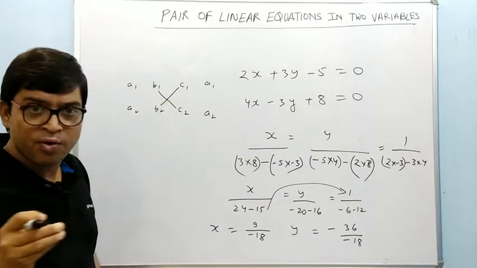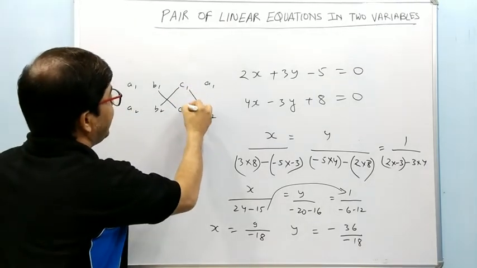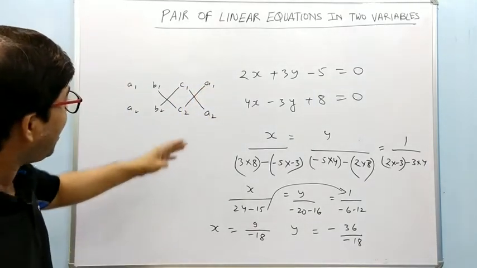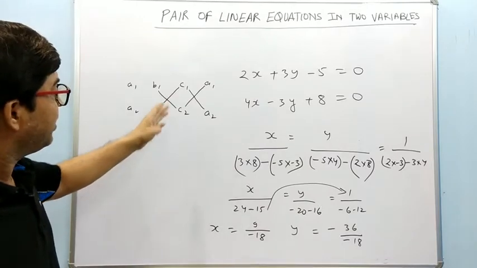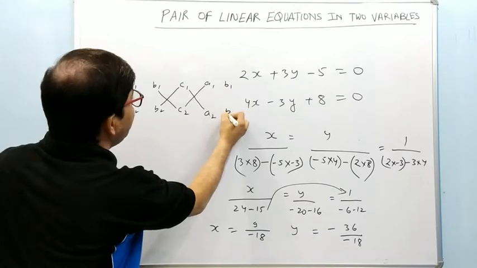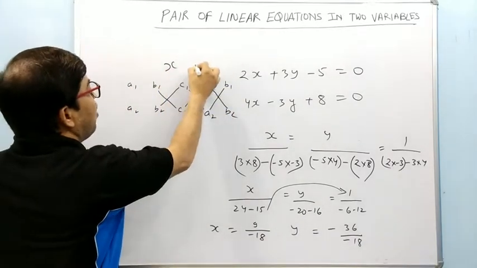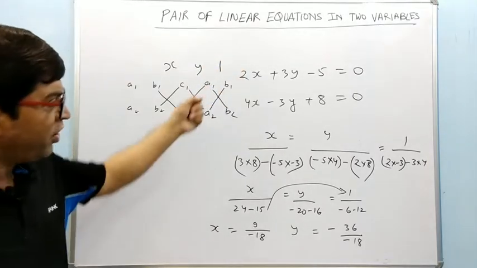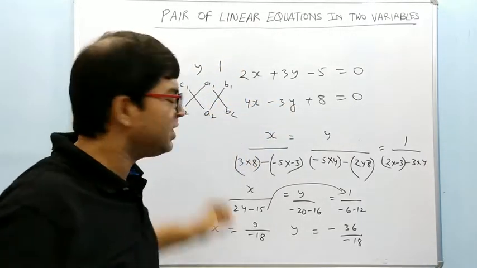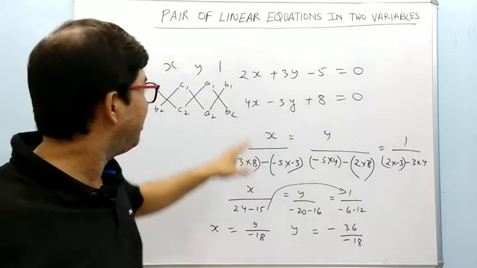For y, we are just getting rid of this and writing this into this minus this into this. And for 1, again b1, b2, this into this minus this into this. If you are not understanding this, you can follow this technique. But I told you, if you just follow it, you need not remember.